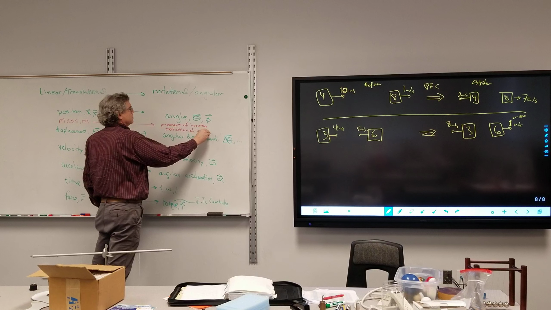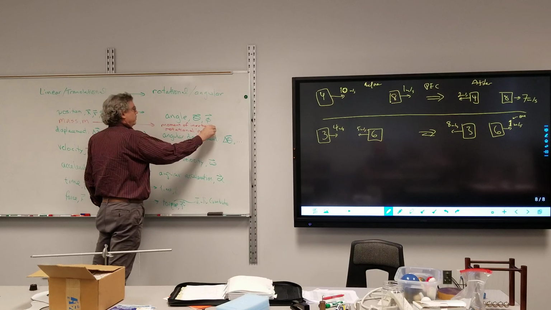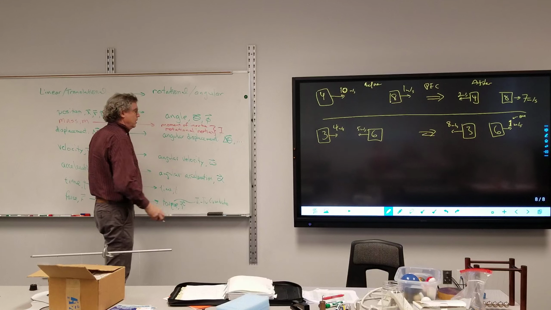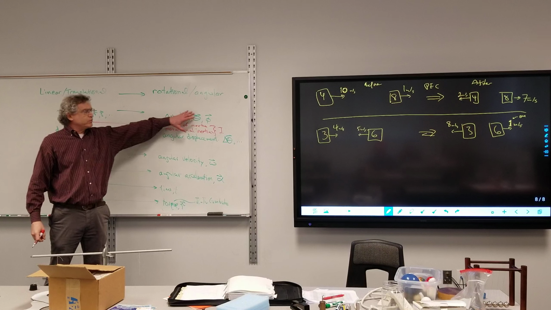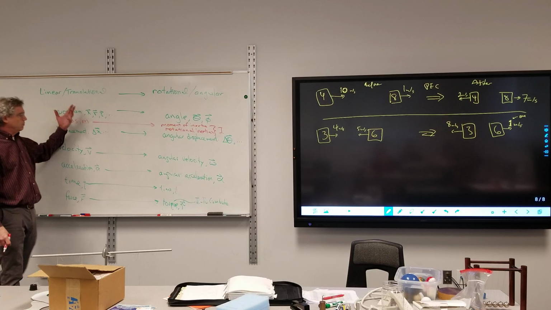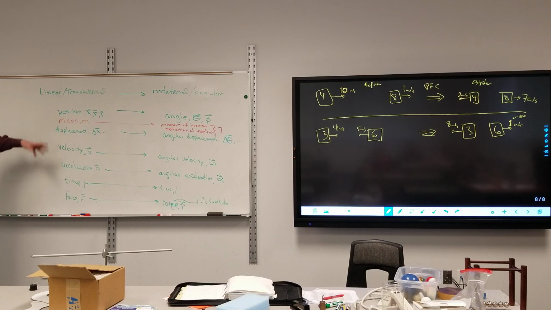The symbol for it is a capital I. So notice, typically we have Greek letters for the angular stuff, and Latin letters, our American letters, for linear stuff. But it's not 100% because of capital I. It is not a vector, just like mass is not a vector.